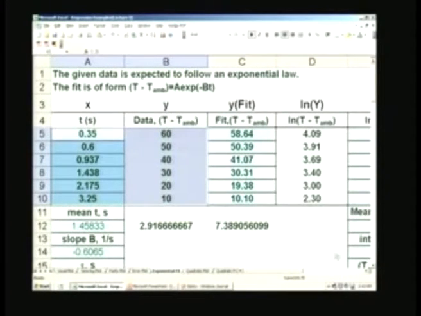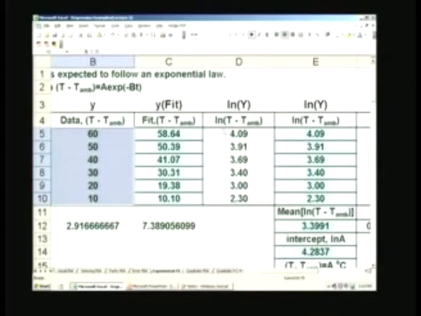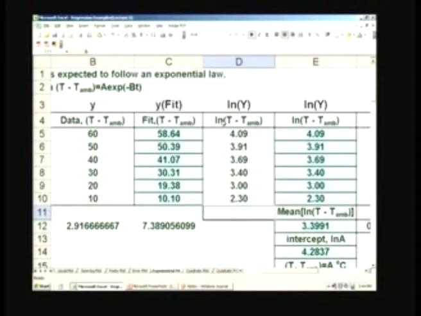For that, I can actually calculate the logarithm as shown here. This will be the logarithm of y, or logarithm of t minus t ambient. This is the logarithm value. I have taken the logarithm with respect to base e, therefore ln, and incidentally it is done by simply using ln.